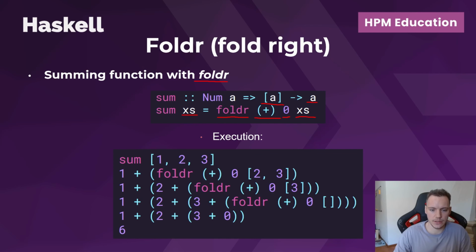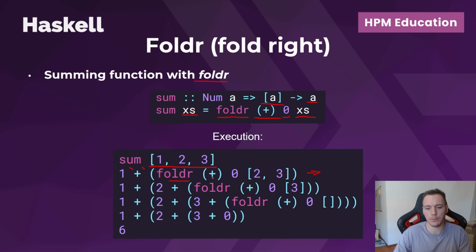How would this be actually executed then? So we have imagined that we apply it to this list of 1, 2, 3. From the definition of foldr, we know that we would be applying plus. Here I used it as an infix operator, which we can do with plus and minus and so on. But in reality, plus is applied to the head of the list first. So plus 1 and the recursively processed tail on the right side.